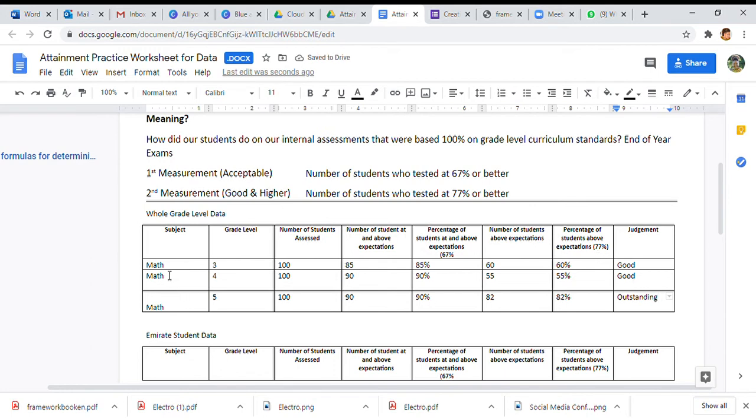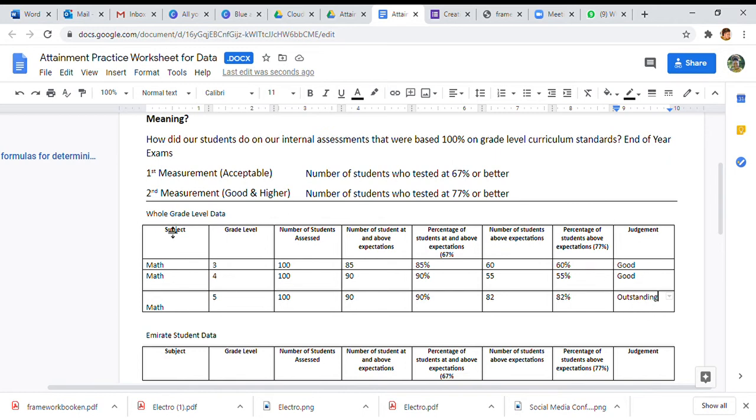So now, if these were my only grades in my phase, I would be able to look to see what was my overall judgment. In this case, my overall judgment is good. Now, remember when I said this one is one that can be moved around? While this is good, this is very close to very good, and this is outstanding.